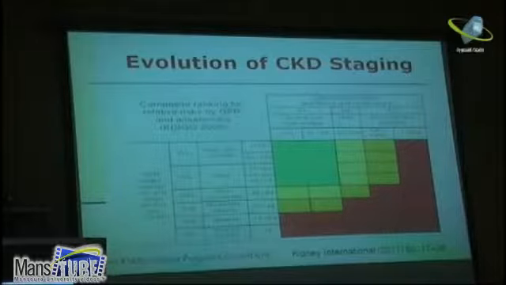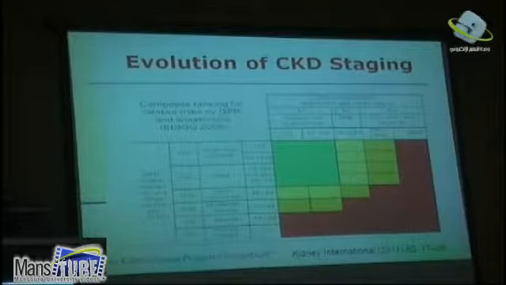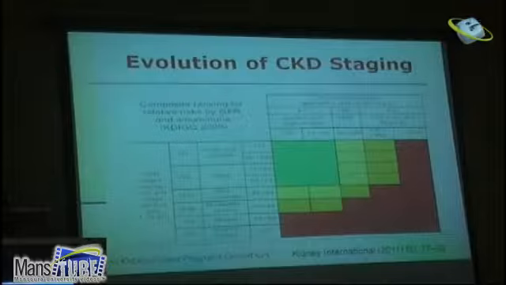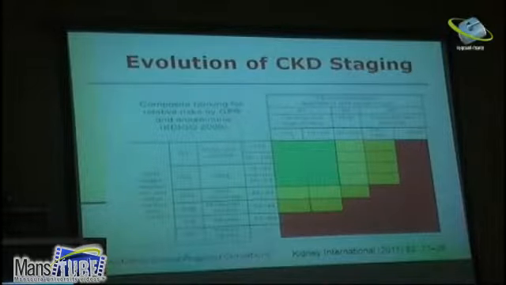So you don't cause them trouble, stress and anxiety that they have CKD. If the creatinine is normal, estimated GFR above 60, no proteinuria, and renal ultrasound is normal, this is not a CKD person. This is a person at risk of CKD because he is in this green corner.